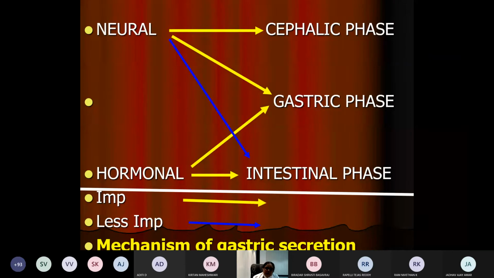Then neural and hormonal mechanisms in the cephalic, gastric and intestinal phases. So, mechanism of gastric secretion.